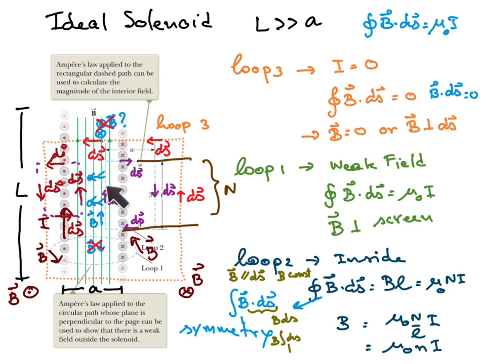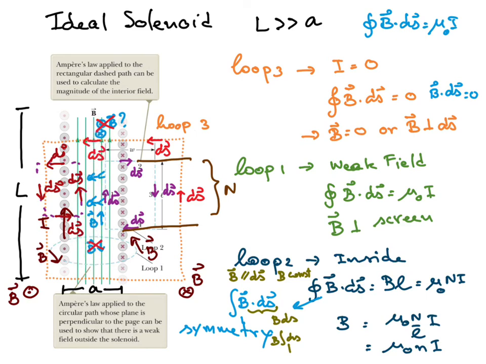The main effect is here, that the ds here points in the same direction, which means that if we know there is a magnetic field here, the magnetic field must point in this direction, because in this loop we define the positive current in the direction that points out of the plane. So to get this integral to be positive, B dot ds must be positive in this segment of this loop, and for the same reason the magnetic field must point in this direction.